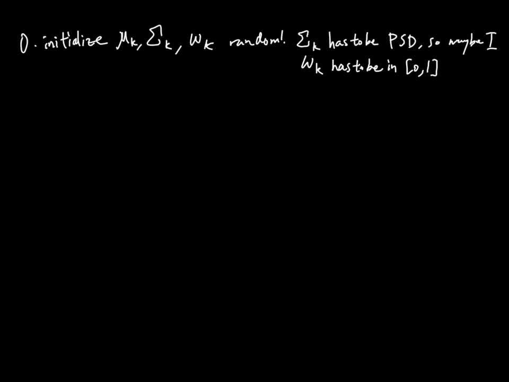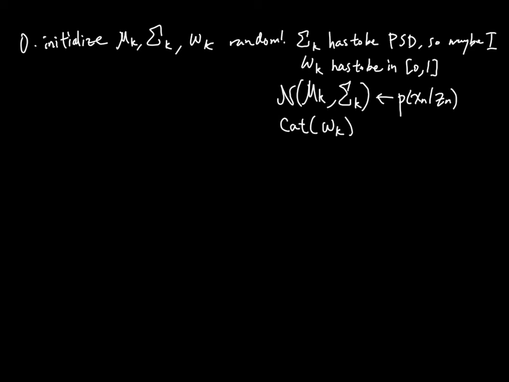And this mu k and sigma k are going to be in a normal distribution, and this omega k is going to be inside of this categorical distribution. This is going to be p of xn given zn, and this is going to be p of zn, and together they form p of xn and zn.